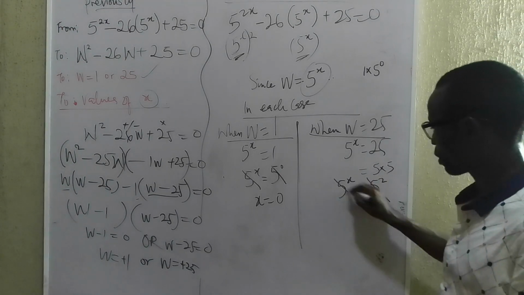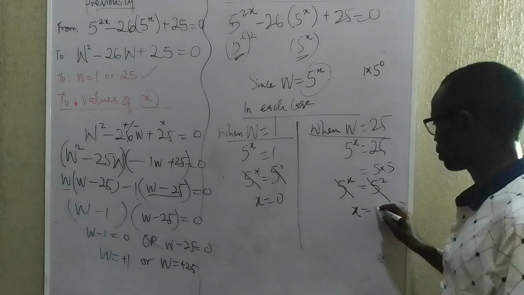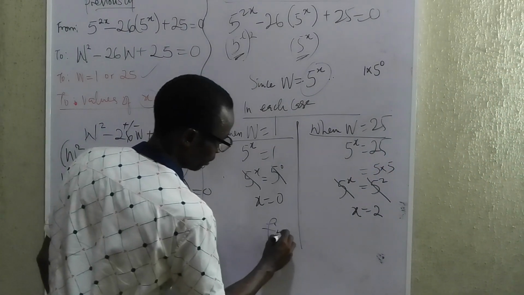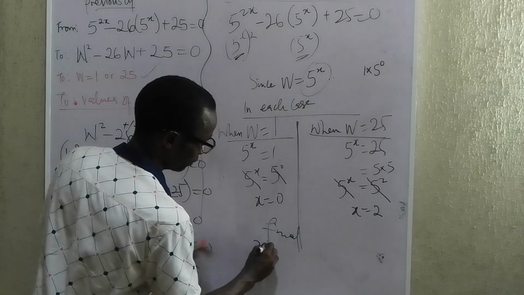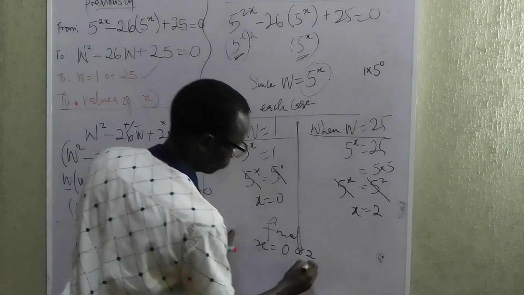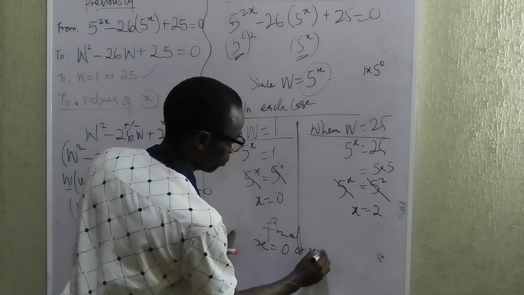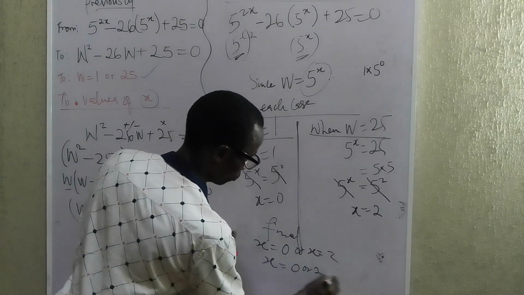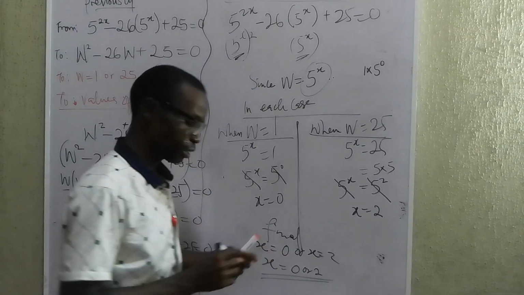When 5 takes 5 out, x remains x equals 2. So the final answer: x is equal to 0 or x is equal to 2. This is the final answer.